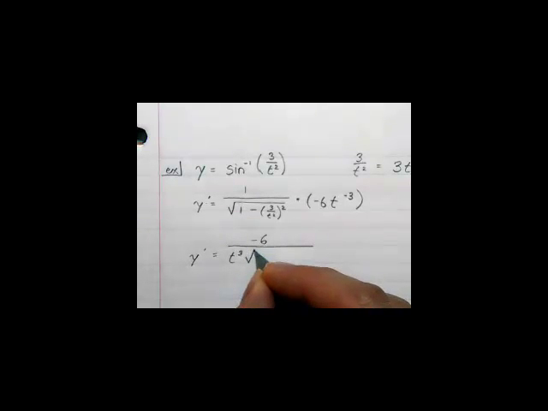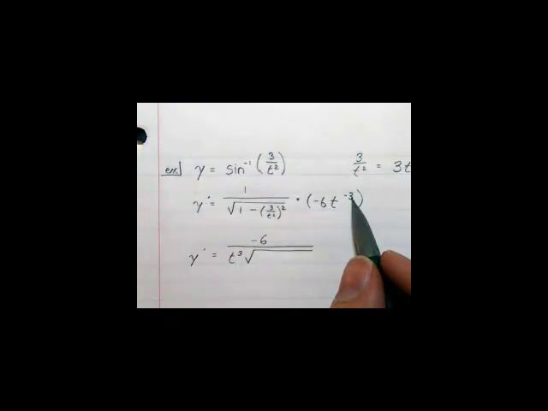Why am I doing that? It's t to the negative third, right? So I can put that down in the denominator. And then inside the square root, I've got 1 minus 9 over t to the fourth. That's just me squaring that thing.